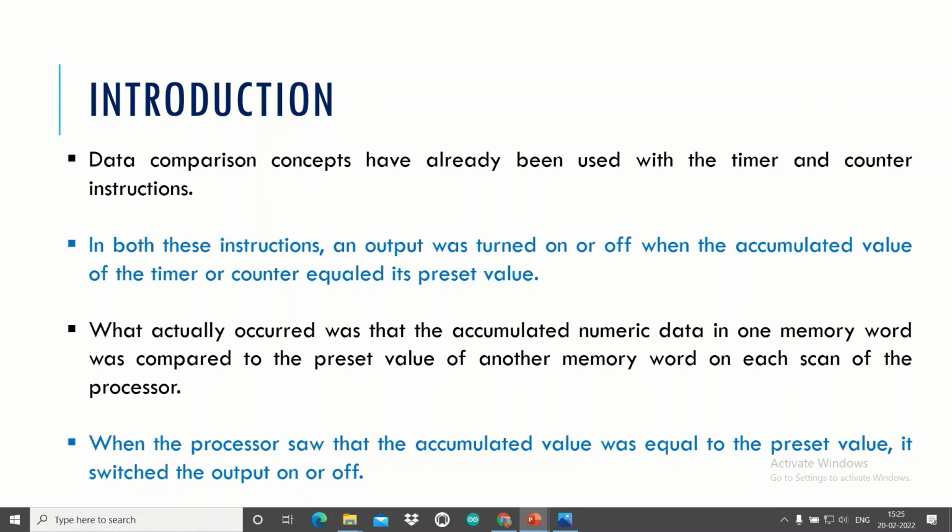Now you see that when we had studied about event timer and counters, we had talked about this comparison. However, we had not gone into detail.